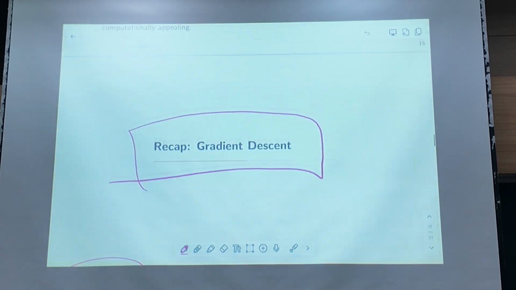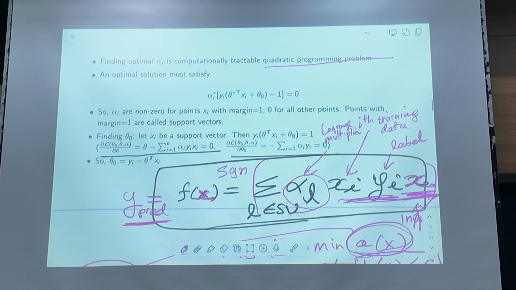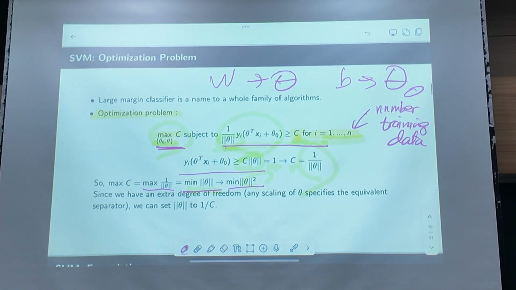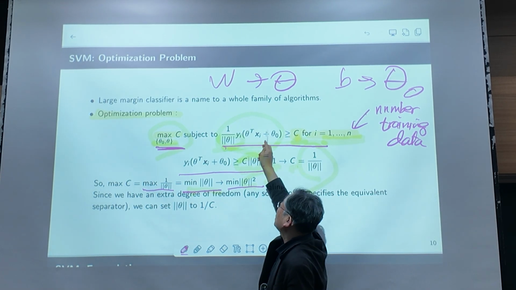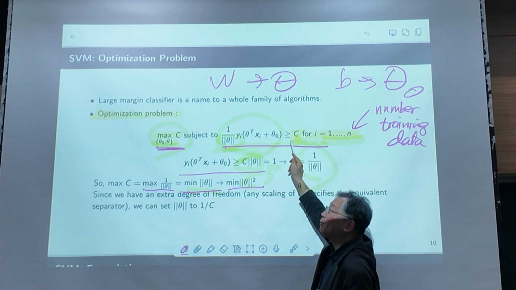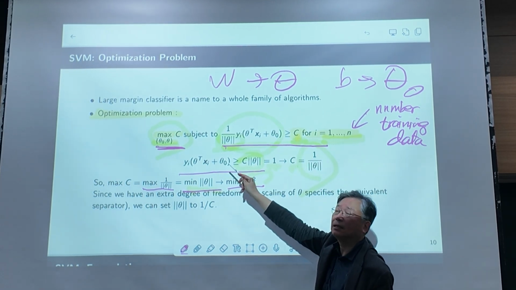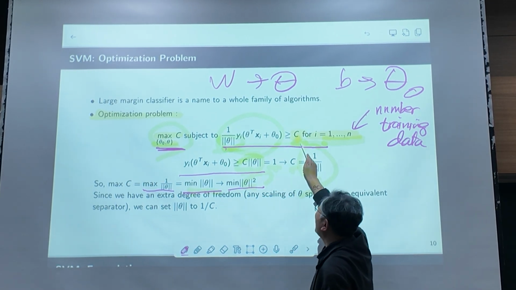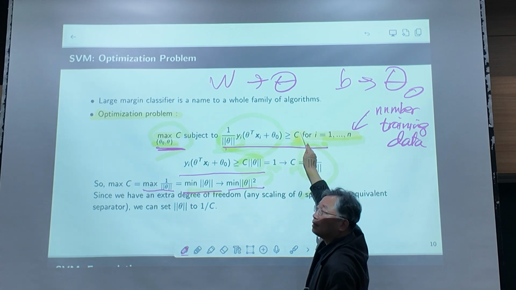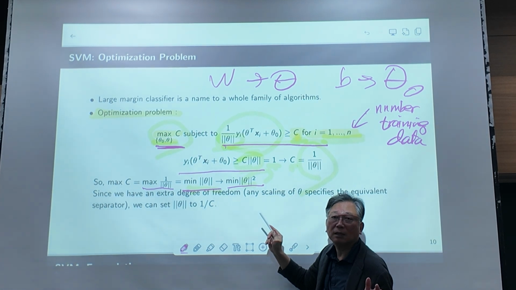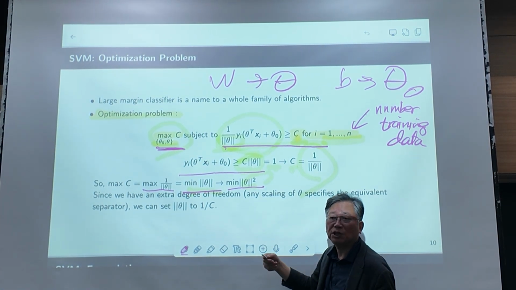If you remember, this was the geometric margin, and I wanted geometric margin to be at least C, and I was maximizing C. I had this denominator go to the right and said that was going to equal 1 without loss of generality.